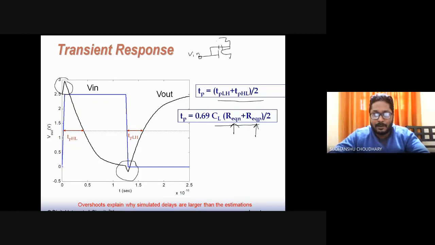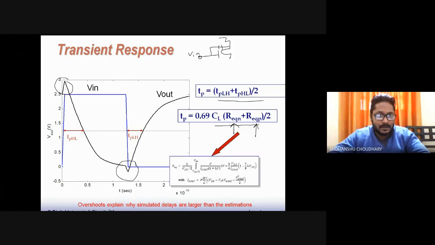Because of this gate to drain capacitance, whatever input is applied can appear at the output even before my transistors respond to this input. So even before the transistors are on or off, this input can be connected to the output. Because of this gate to drain capacitance, we see a spike in the output.